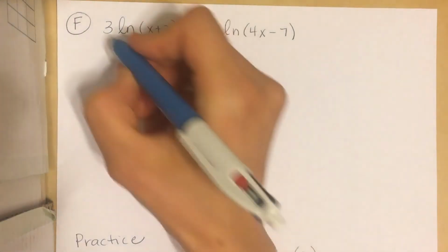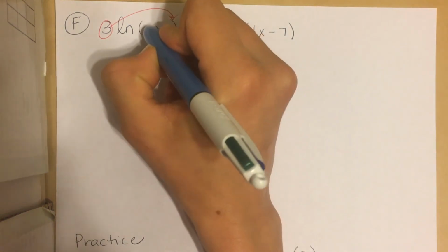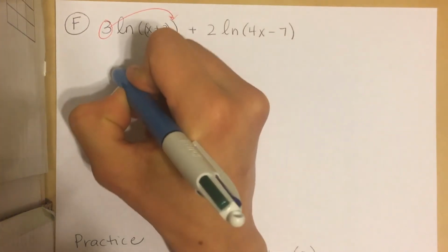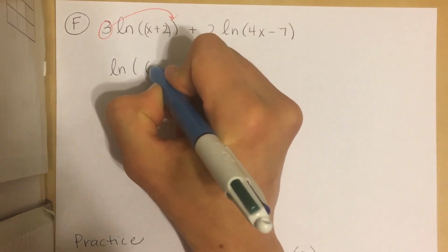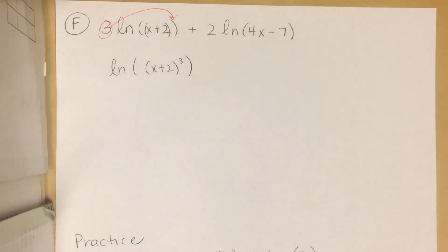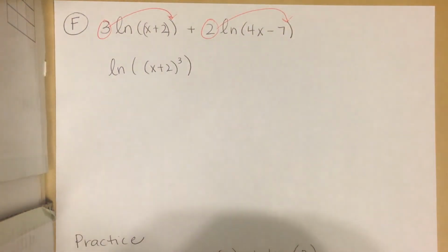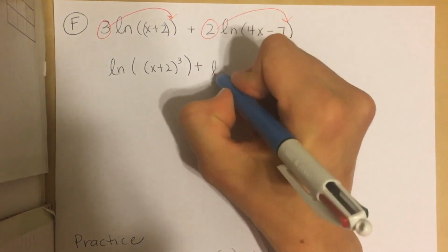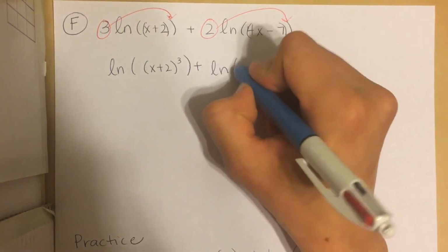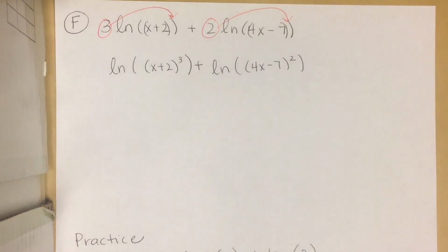The only difference here is when you bring this 3 inside your parentheses, you're not really bringing it inside the parentheses, we need to create new parentheses because this will be natural log of x plus 2 all cubed. You don't distribute that cubed to the x and to the plus 2. Same thing here. This squared, you create new parentheses to hold that 4x minus 7 together, and the 4x minus 7 as a whole is going to be squared.